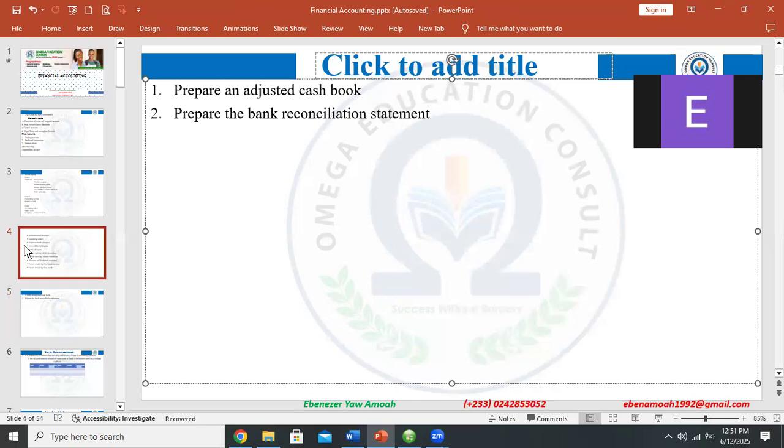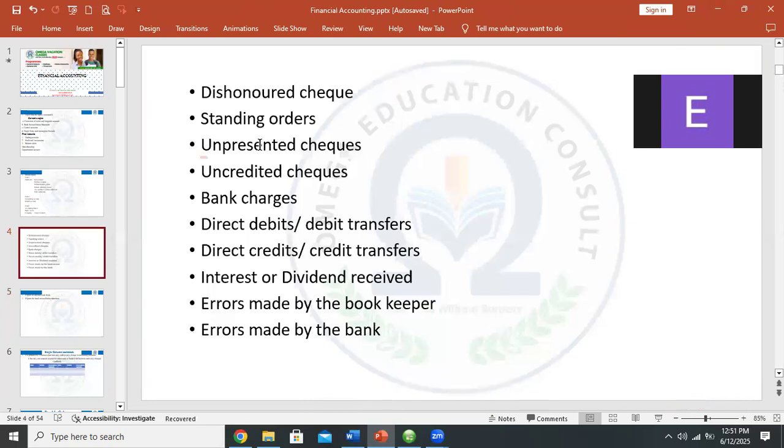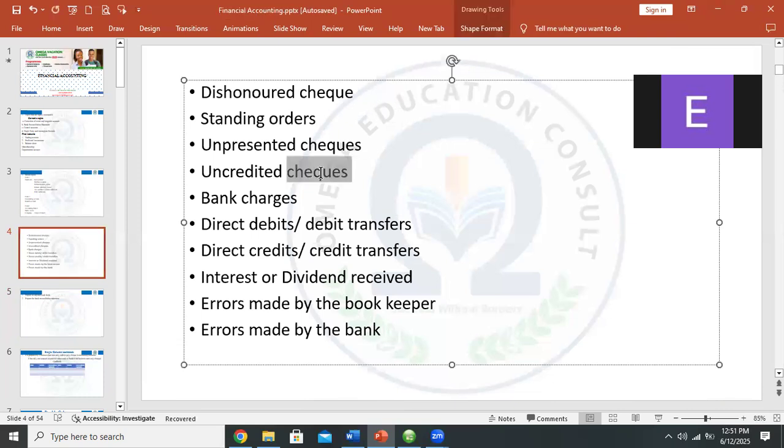Now, please take it from here that amongst the 10 causes, the ones that I'm highlighting, i.e. unpresented checks, uncredited checks, and errors made by the bank, these causes will be rectified in the reconciliation statement. Please note this.